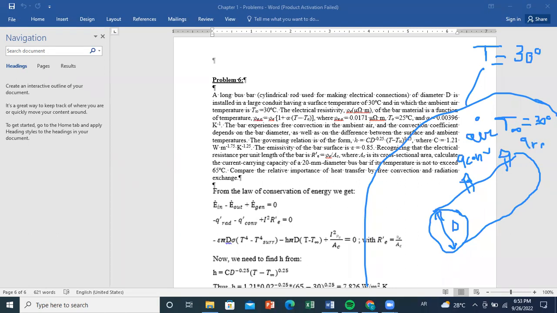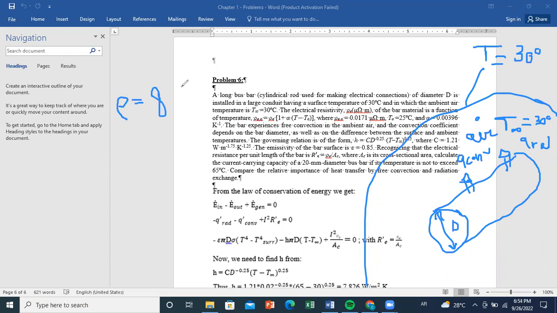Now, they told us that the electrical resistivity of the bar material is a function of the temperature. So they gave us the property, the electrical resistivity rho, as a function of the temperature.